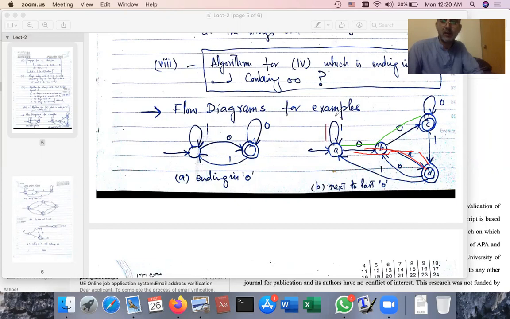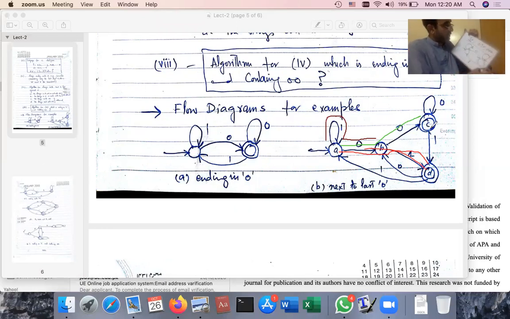Maybe this is something illegal. And now the output degree of this state is complete. The output degree of this state is also complete. The output degree of this state is incomplete. So now you have to think.